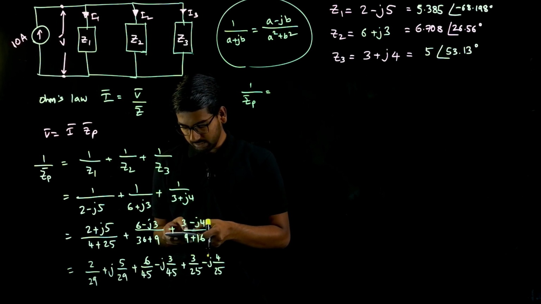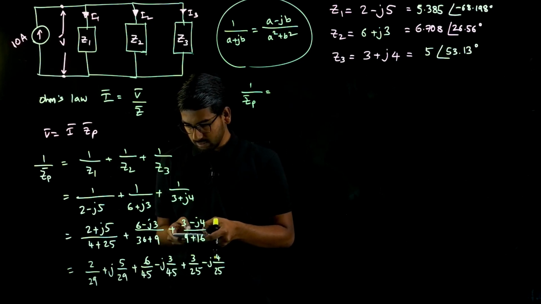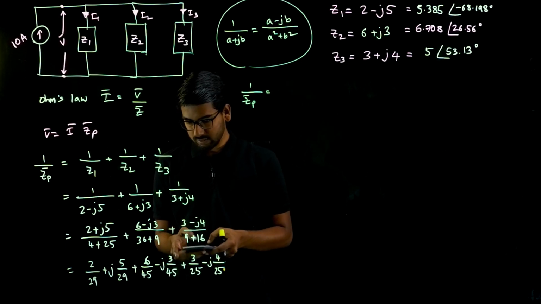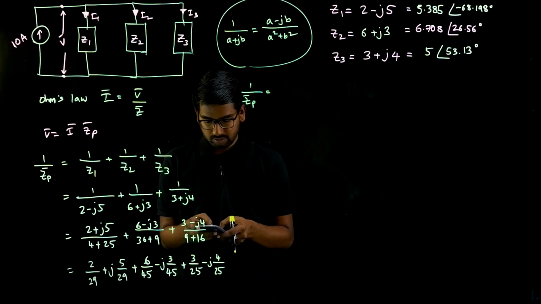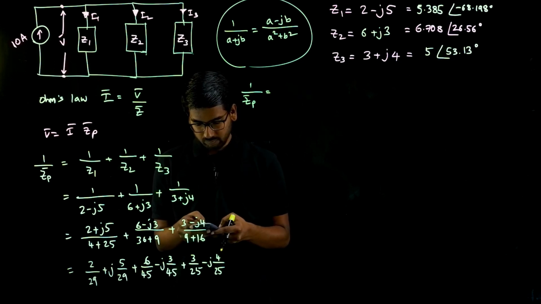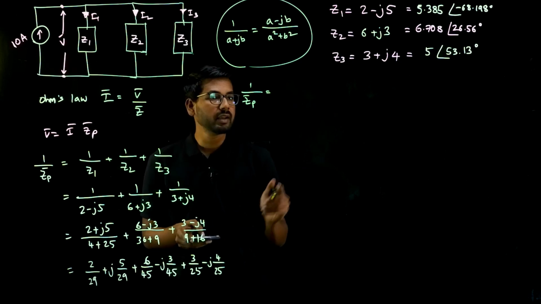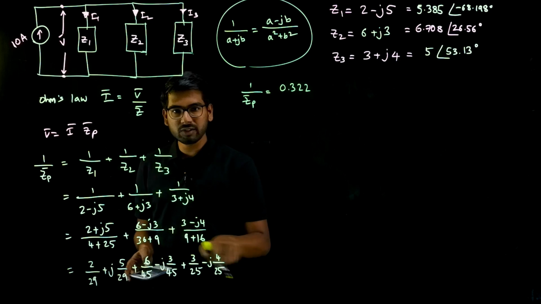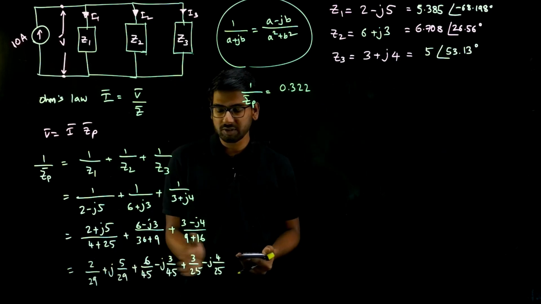2 by 29 plus 6 by 45, 6 by 45 plus 3 by 25, 3 by 25 will give us 0.322. Then add the j terms. How do you add the constant terms plus j terms?